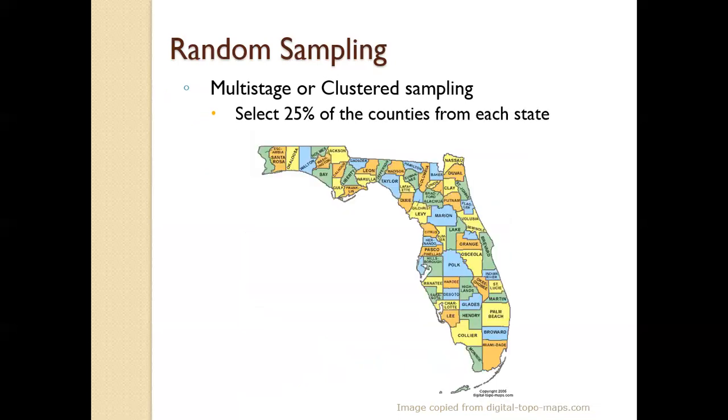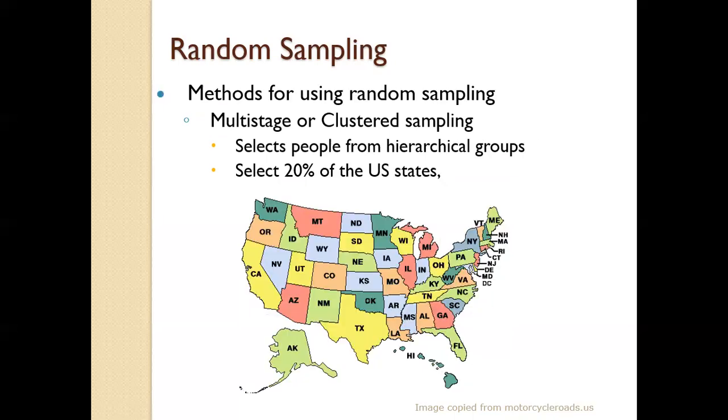In this case, let's say I'm going to sample the light green states. So my random sample will include Alaska, Idaho, New Mexico, Nevada, Kentucky, Pennsylvania, Maine, Massachusetts, North Carolina, and Florida.